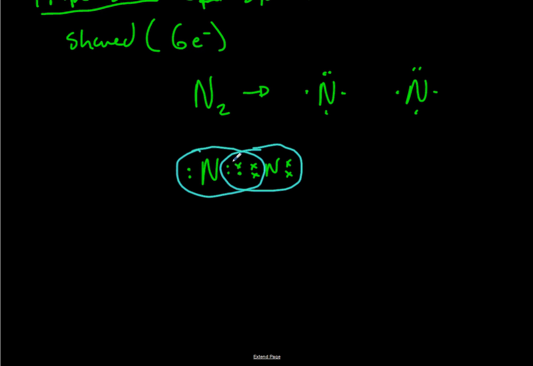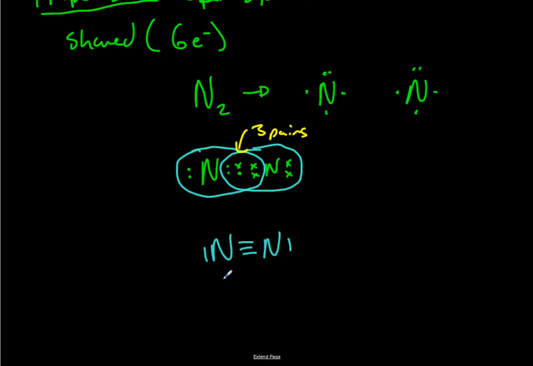So 2, 4, 6, 8 on this nitrogen, 2, 4, 6, 8 on that nitrogen. And we have inside here 3 pairs. So skeleton-wise, just like you would expect, and then the 2 non-bonding pairs outside.